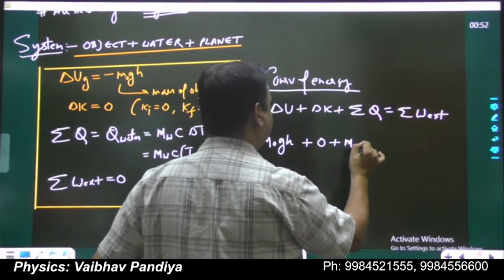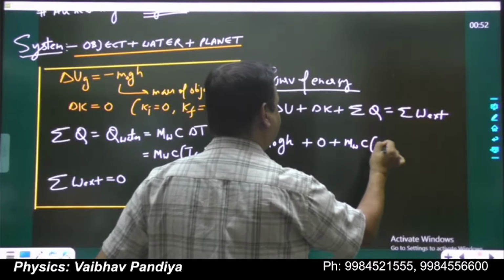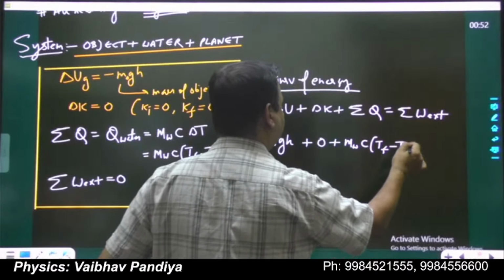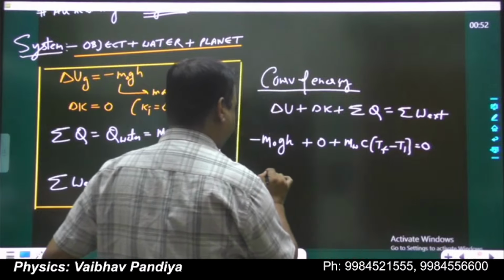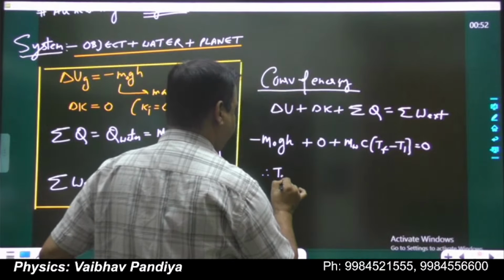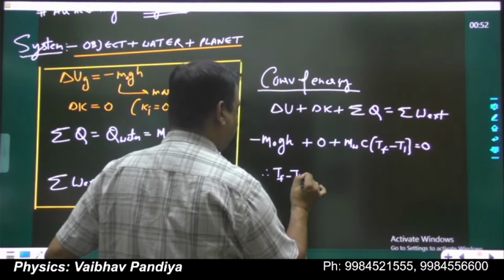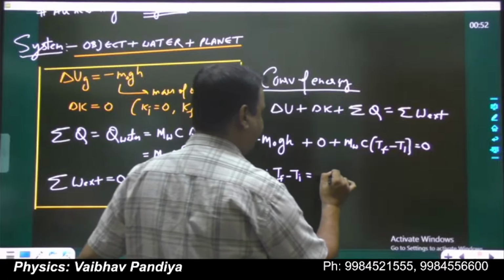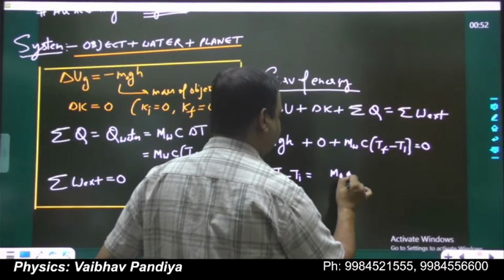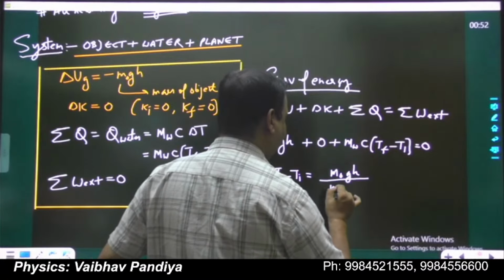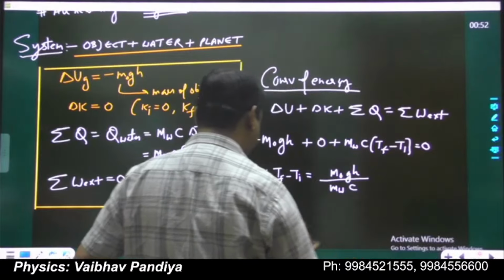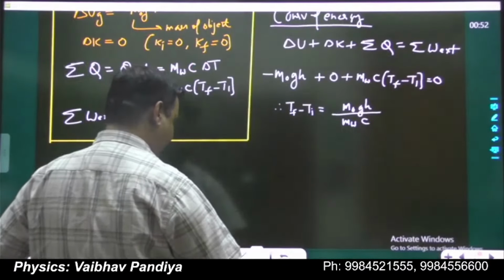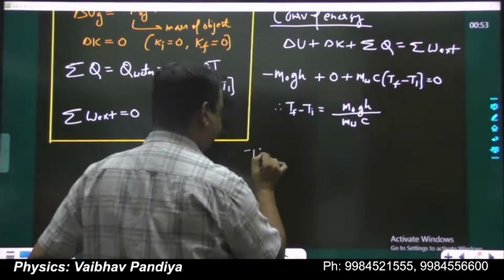Mass of the water, the specific heat of water, final minus initial, is equal to 0. So you'll get, therefore, T_f minus T_i. Now this will come on this side. You'll get m_o g h divided by mass of water into specific heat of water, correct? So what will be the final temperature?